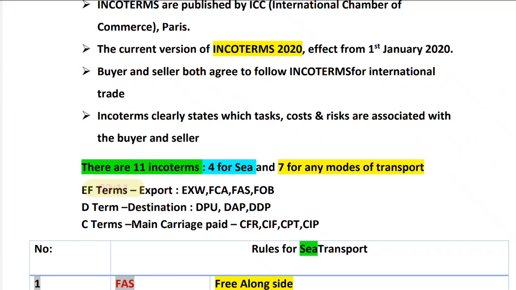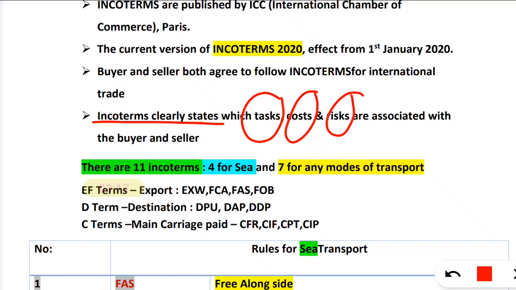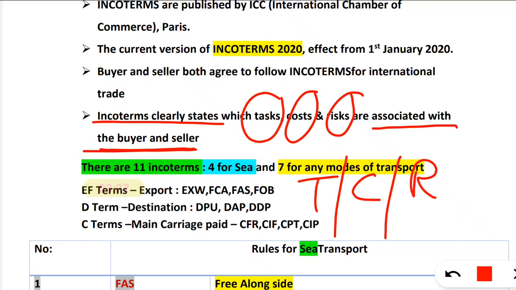Now see, the Incoterms clearly state which task, cost, and risk are associated with the buyer and the seller. Means what task should be performed, what is the cost, what is the risk, okay, and who should bear that, either buyer or seller, right?